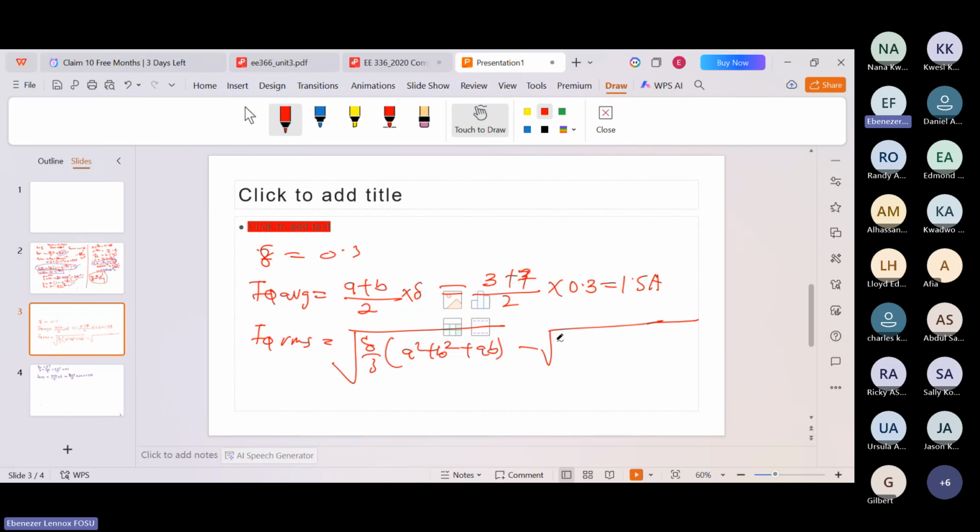So you have 0.3 divided by 3 times 3 squared plus 7 squared plus 3 times 7. This will be the RMS value. Please solve it and then give me a value. 2.81.